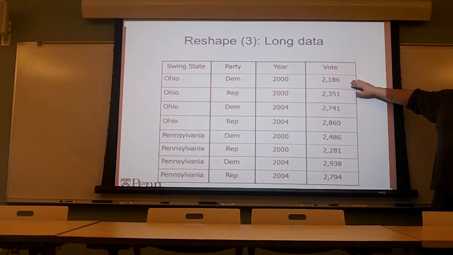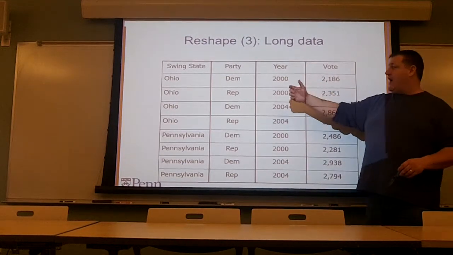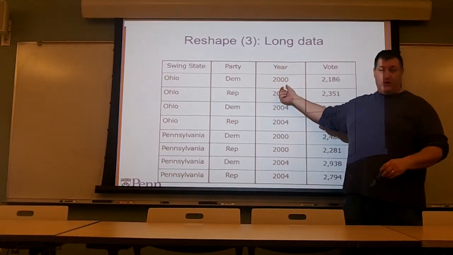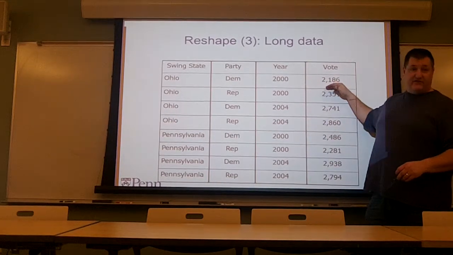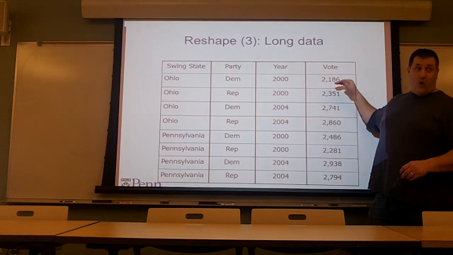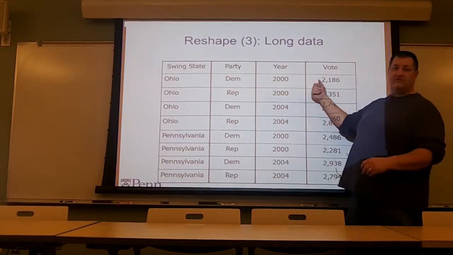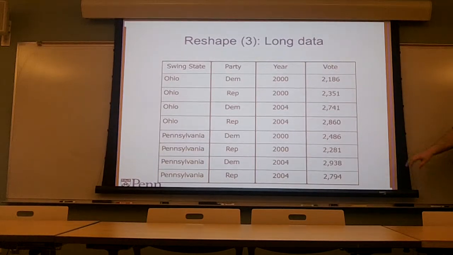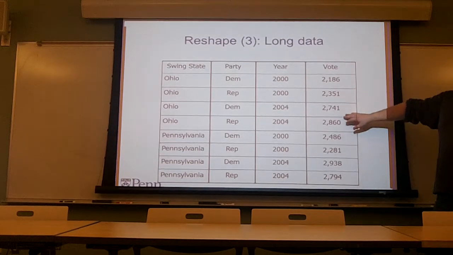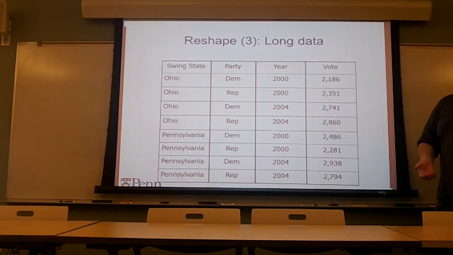So the top line here, instead of saying Ohio Dem 00, and that value being 2186, now this row contains only those data for Ohio Democrats 2000, 2186, right? So when I have the data this way, I can fit mixed models.